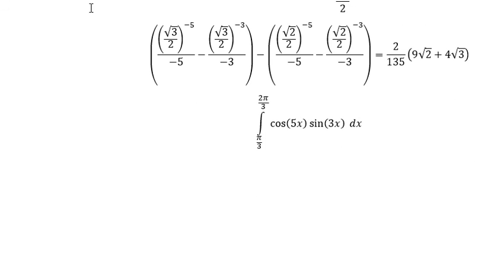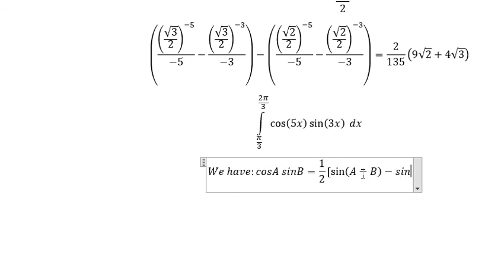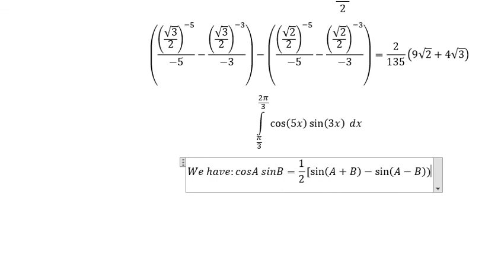About this one, we can apply the formula in here. We have cosine A sine B equals 1 over 2 of sine of A plus B minus sine of A minus B. So we need to apply this formula here.